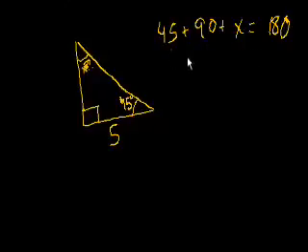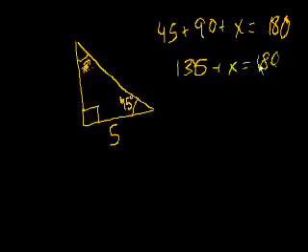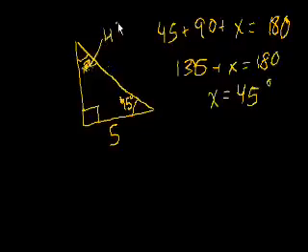So if we just solve for x, we get 135 plus x is equal to 180. Subtract 135 from both sides, we get x is equal to 45 degrees. Interesting. X is also 45 degrees. So we have a 90 degree angle and two 45 degree angles.